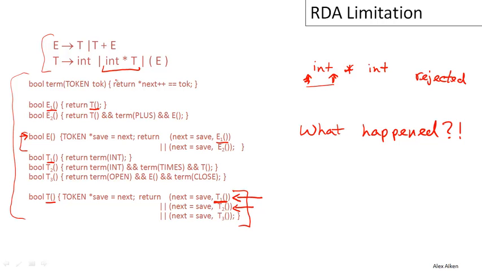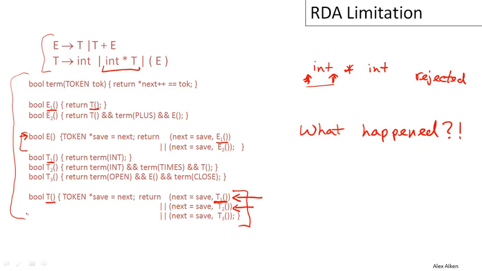We would have been able to match int times int. And so the problem here is that even though there is backtracking within a production, while we're trying to find a production that works for a given non-terminal, there is no backtracking once we have found a production that succeeds for a non-terminal.